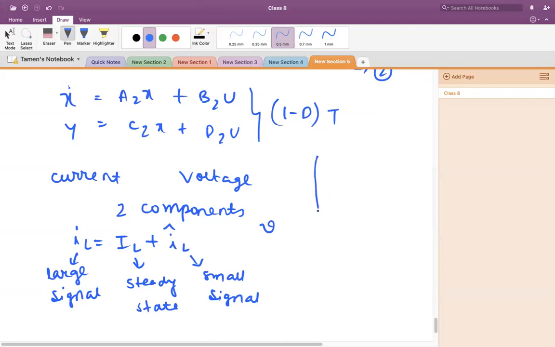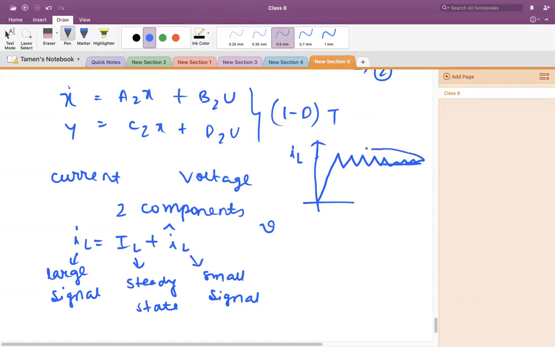Suppose whatever circuit, suppose this is the current, it is going in this way. So the current will have something called the steady state part, right? That is the constant part. And also it will have the variation part.